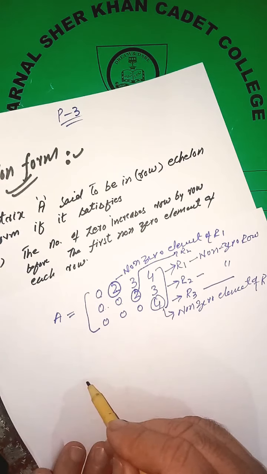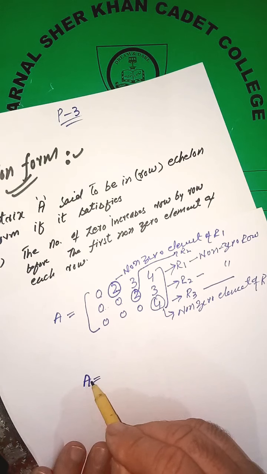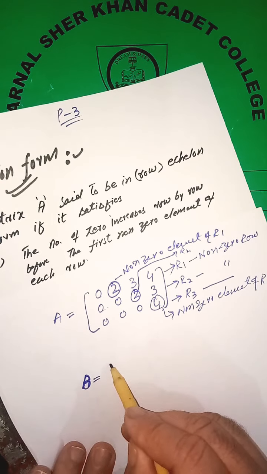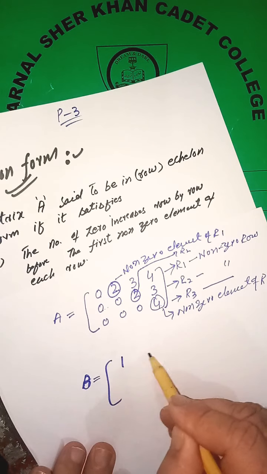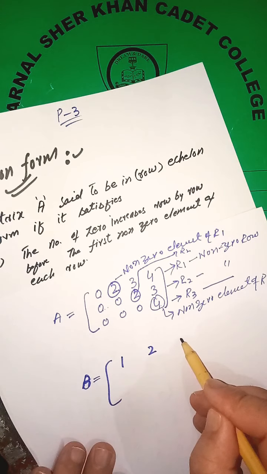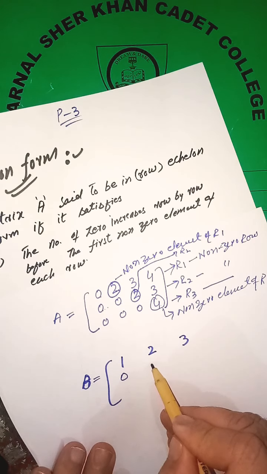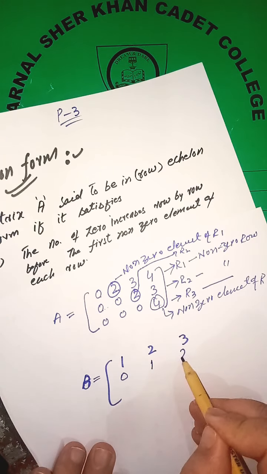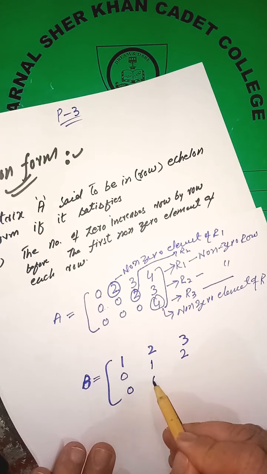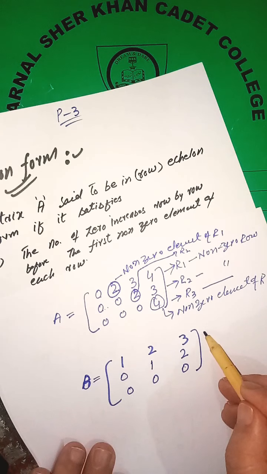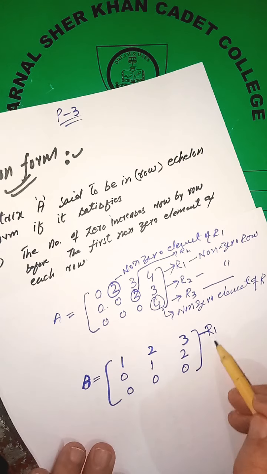Look at another example. Let's suppose that is matrix B: 1, 2, 3; 0, 1, 2; 0, 0, 0. Now this is row 1, a non-zero row.